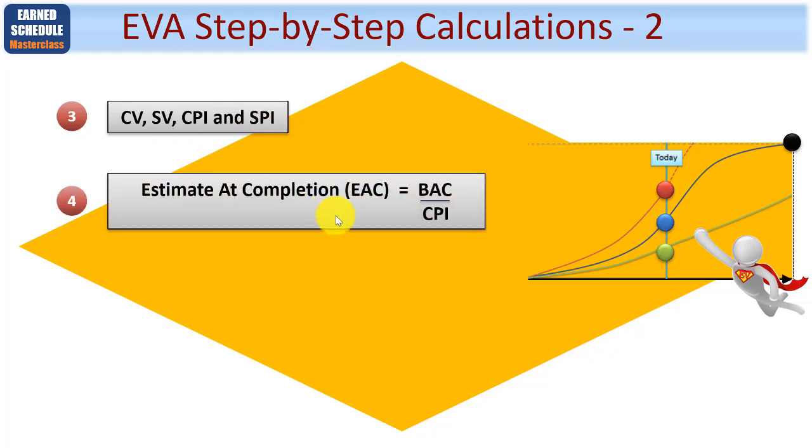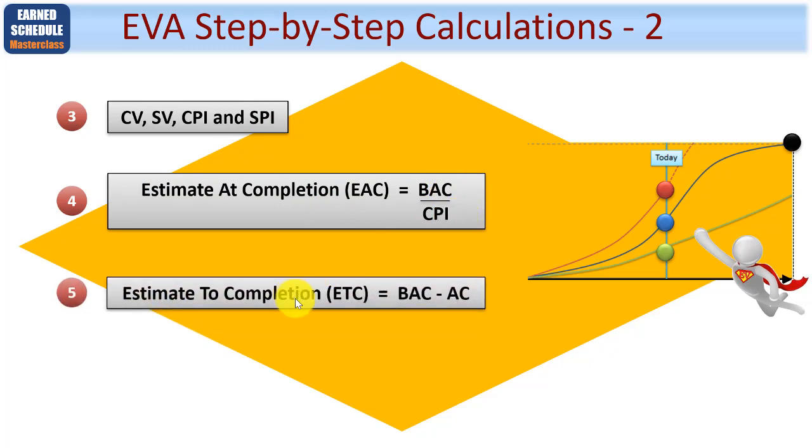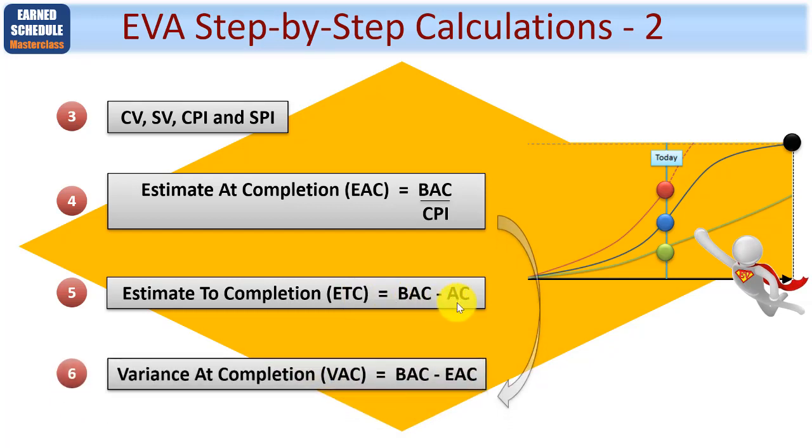You'll then work out your estimate at completion, which is budget at completion divided by CPI, and then your estimate to completion, or ETC, which is budget at completion minus your actual cost. Finally then, you'll have your variance at completion, called VAC, which is budget at completion minus your estimate at completion, which brings us nicely to the end of lesson 2.